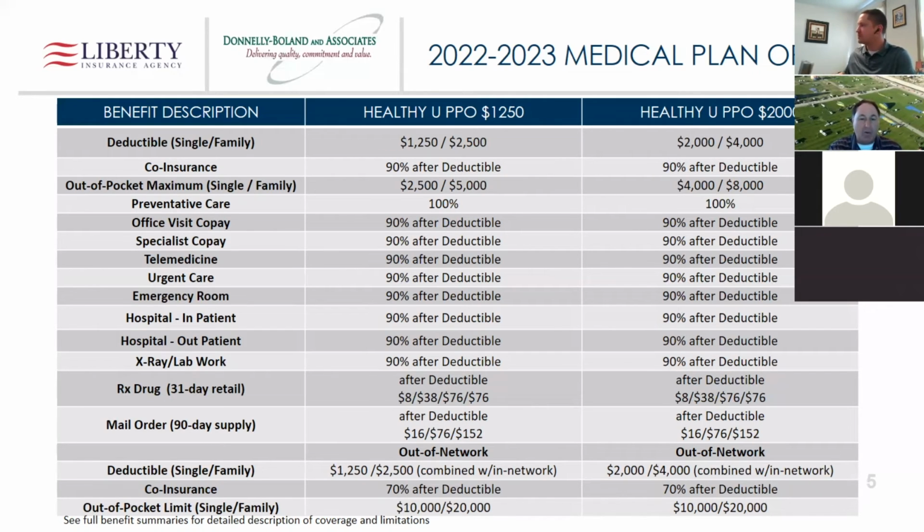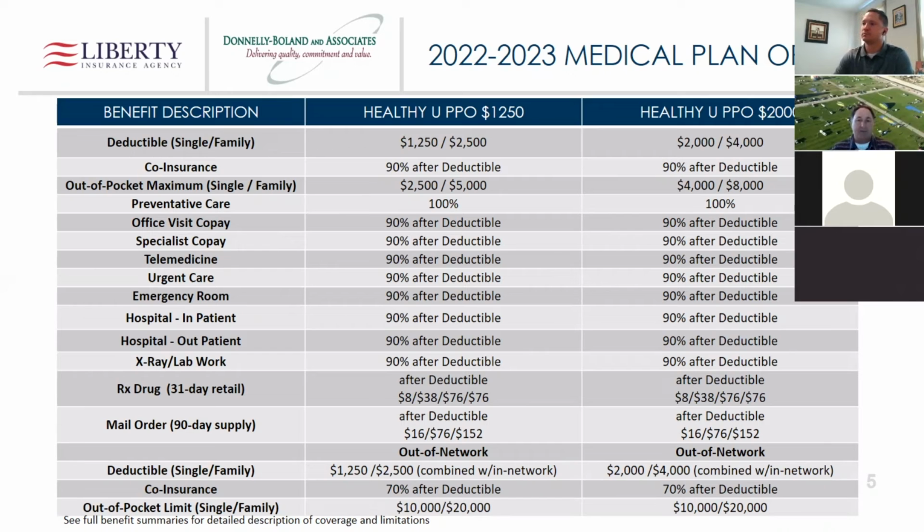Down below, if you want to go to an out-of-network provider, that also has a $1,250 deductible. However, they are not two separate deductibles. UPMC combines them. So you only have one deductible of $1,250.